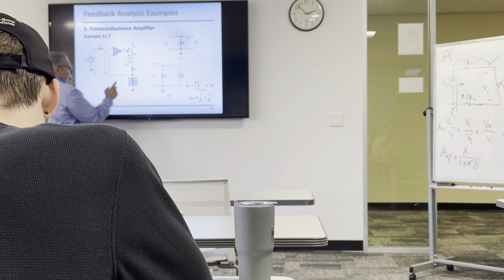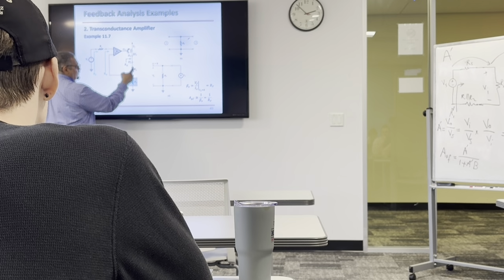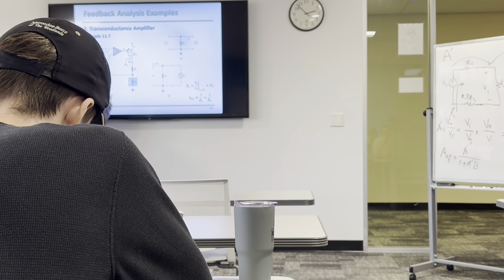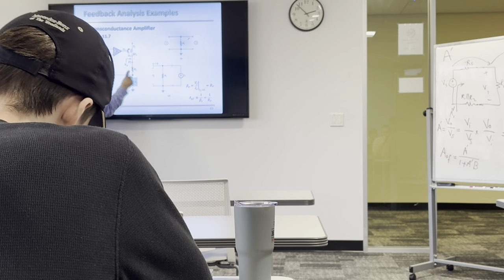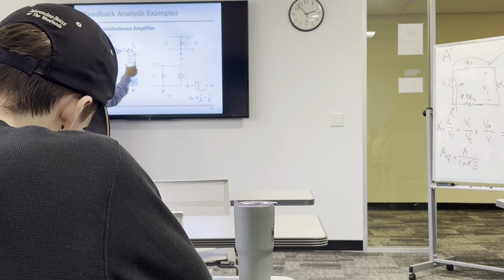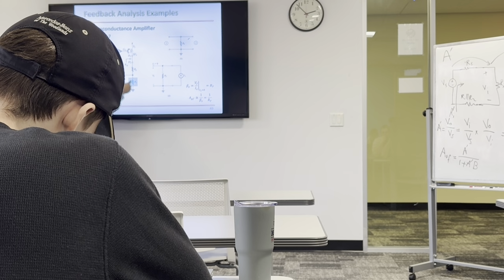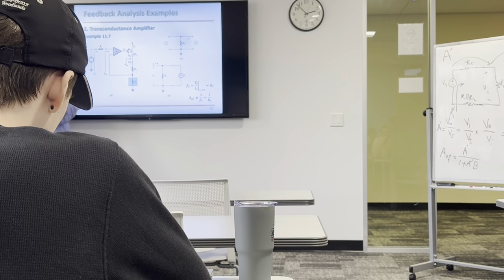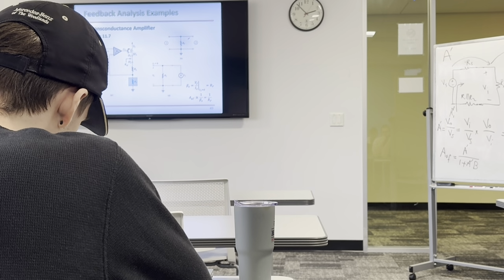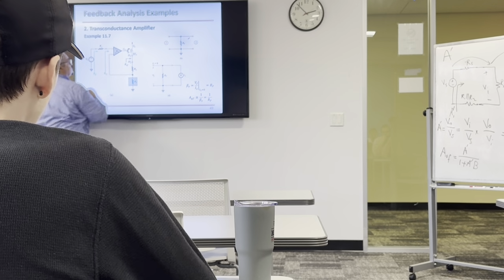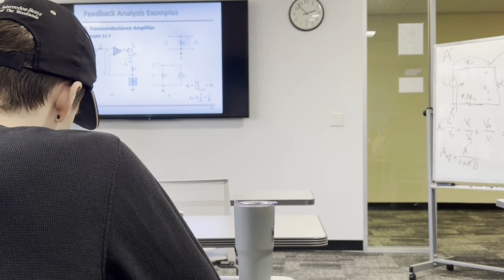Now, since the current comes here, we are not sensing a voltage, because otherwise this is going to be Vout and VF at the same time. So we are sensing a current. So this is the current, and we are mixing a voltage. If you sense a current and mix a voltage, this is transconductance, because it's I over V. So it's a transconductor. This is example 11.7.